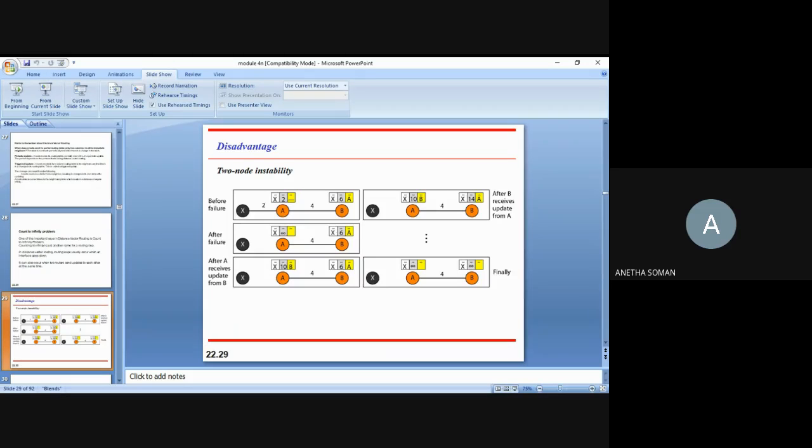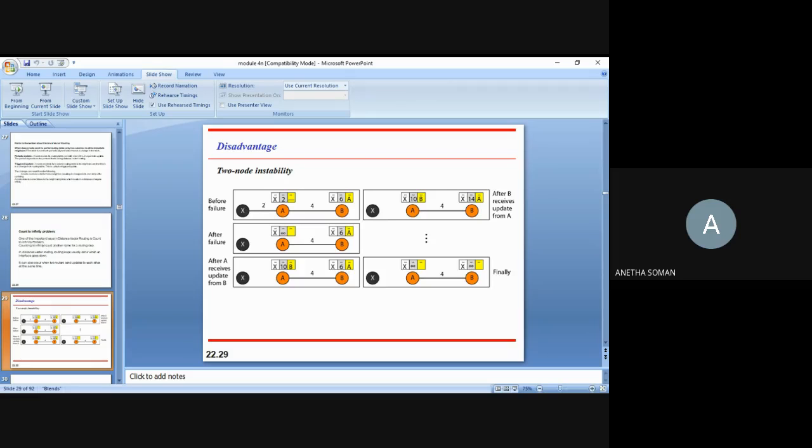But before that, if it receives the update from the neighbor node, you will have a confusion there. So they will go on adding to the cost. They think that they have got some other way to reach the source node, and this will go on. Finally, once the cost reaches infinity, they will come to know that there was no link. And finally, you can tell that the system is not stable there.